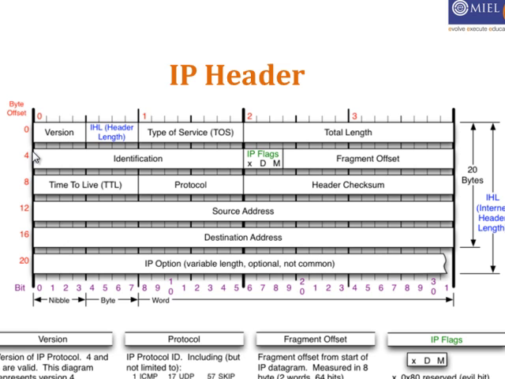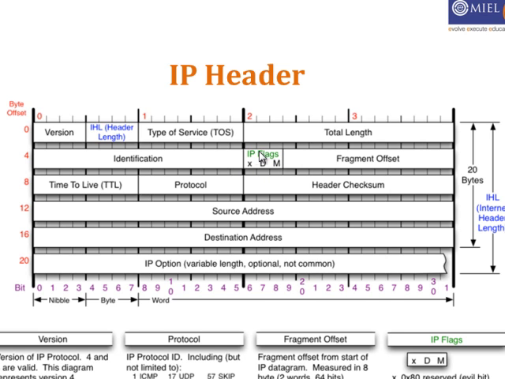Next comes the identification field. The identification field is 16 bits long and is used for reassembling fragmented packets, meaning that if the data is sent in smaller units called fragments, this identification field is very helpful for my receiving host to rearrange the IP packets and reorder the data.